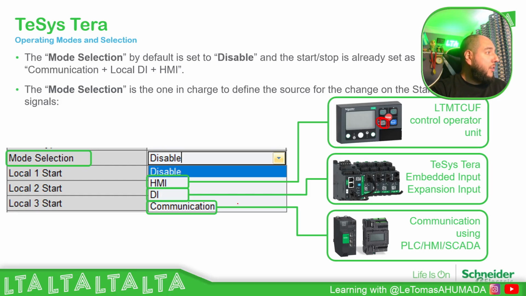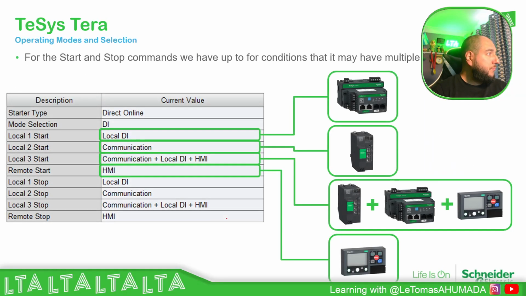And then finally, if we select communication, then we use the PLC to indicate if the start came from the PLC, or from a digital input, or from the HMI. That's something that we can configure here. In this particular case I have selected the mode selection as DI.